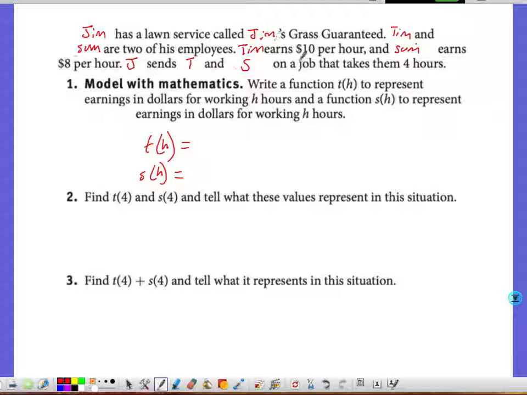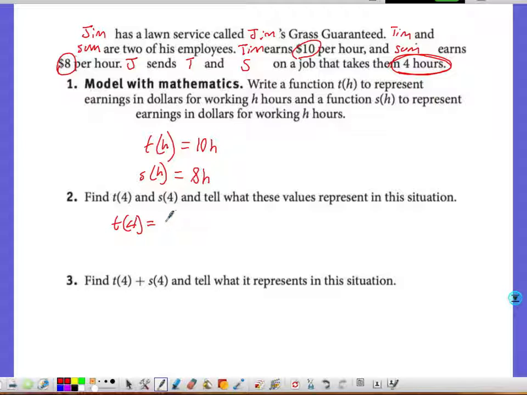How much does Tim earn an hour? $10 per hour. So 10 times the number of hours is going to give me the earnings for Tim. How much does Sam earn per hour? $8 an hour times the number of hours gives me the earnings. So if they're both working on a 4-hour job, we can find out their earnings after those 4 hours.